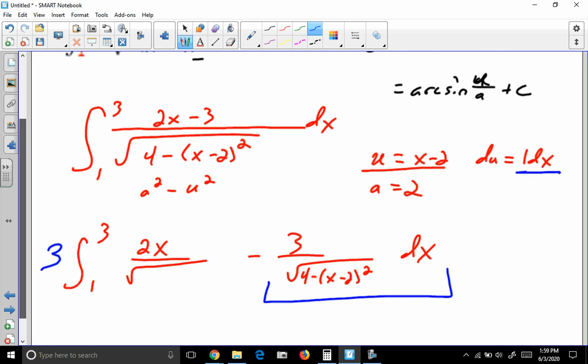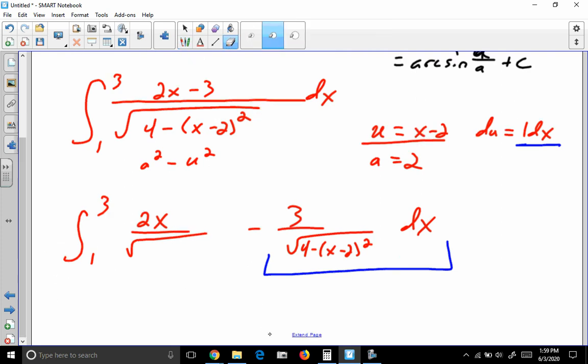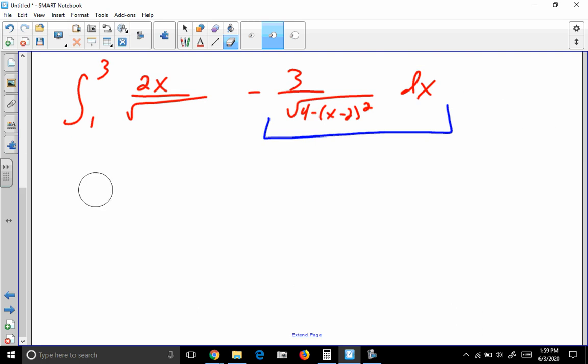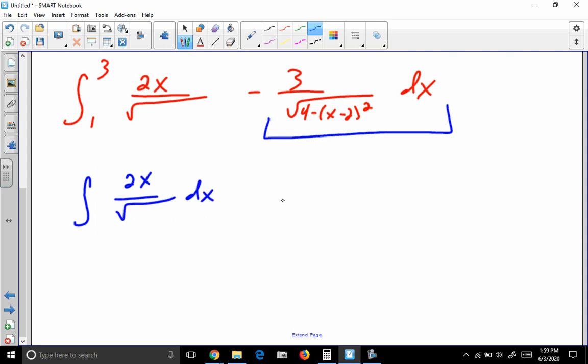Not just this one, but both. The easiest thing to do is to break this into two separate integrals. One integral where we do 2x over the square root dx, and then one integral where we do 3 over the square root dx.